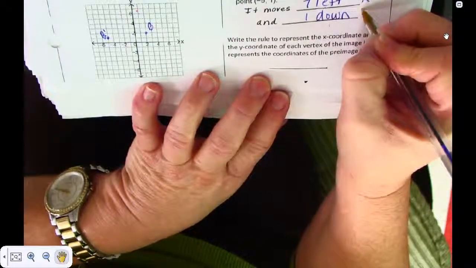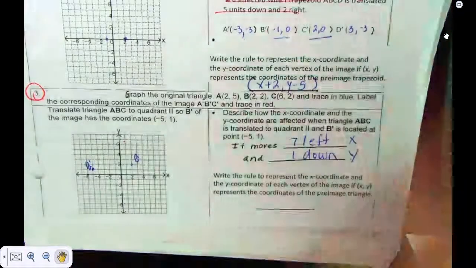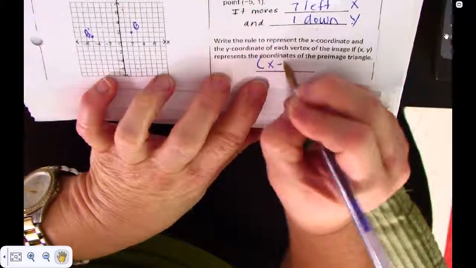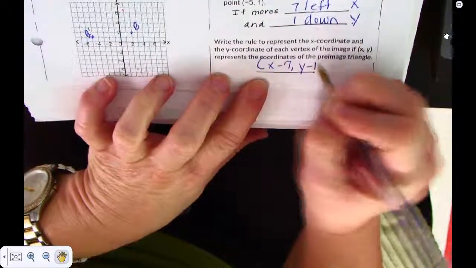What goes left and right? X. What goes up and down? Y. Let me fix my paper. So the rule is X minus 7, Y minus 1. Some of you made up your own version of how to do a rule. It made no sense. Crazy stuff. Some of you put some crazy stuff down there. That's all you had to do.